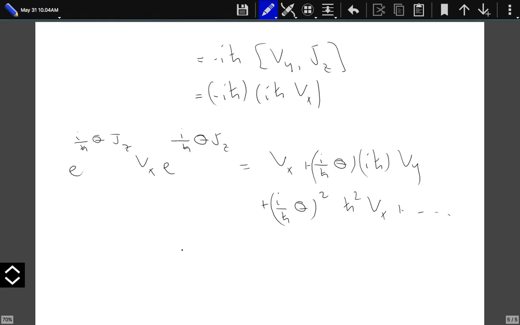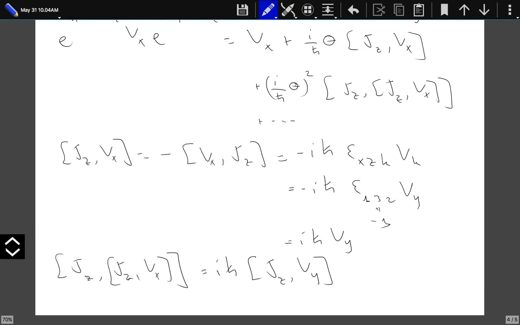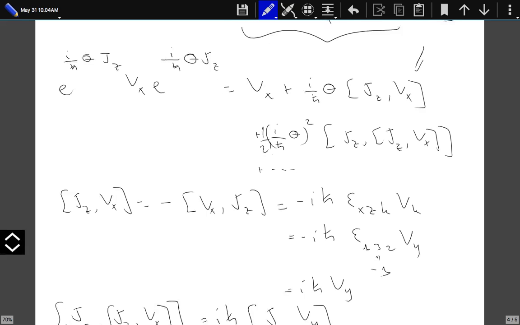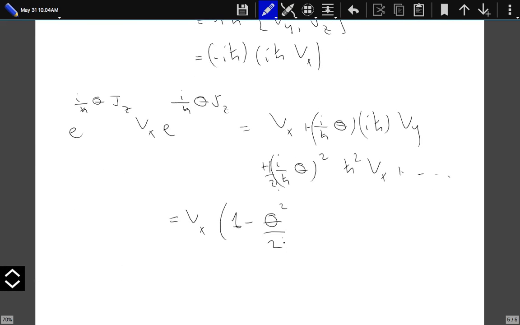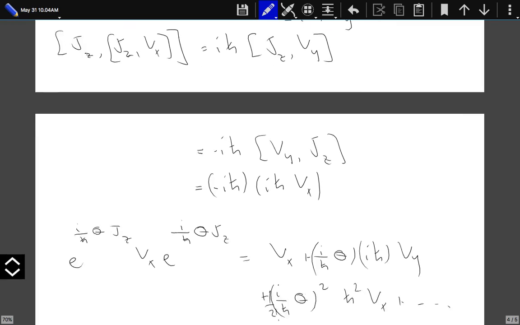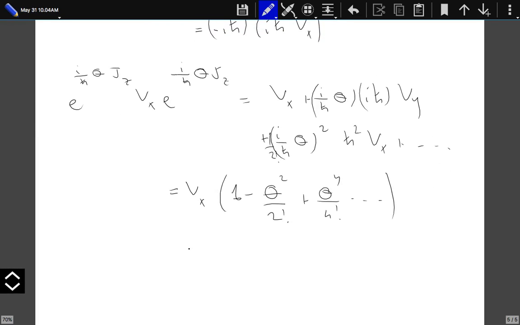And if you calculate all the terms, what you end up having is Vx times 1 minus theta squared over 2 factorial, well, here I have a 1 over 2 factorial which I also forgot here, plus theta to the 4 over 4 factorial, etc. And then we have the second term, which is minus theta plus theta cubed over 3 factorial, minus theta to the 5 over 5 factorial, etc., times Vy.